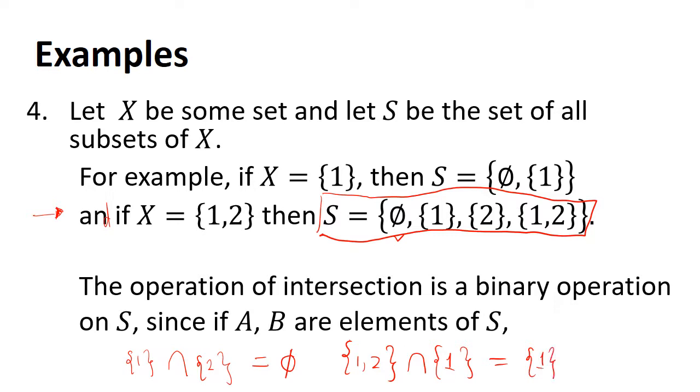And the set of 1 is still an element of set S. Okay, we can go through every other example, but it is very clear that the operation of intersection is a binary operation on S, where S is the set of all subsets of a certain set X.